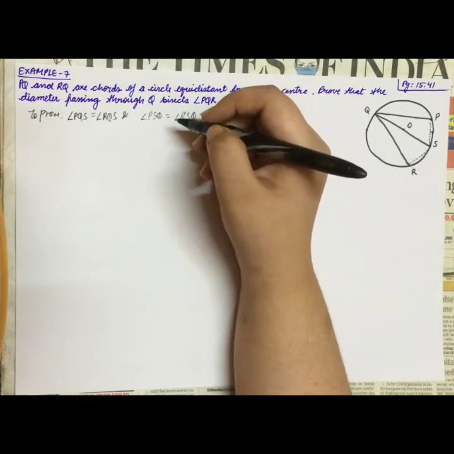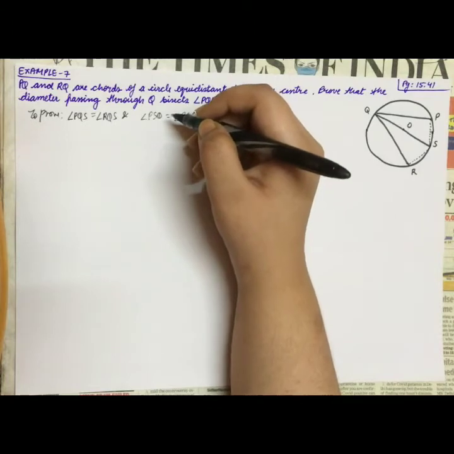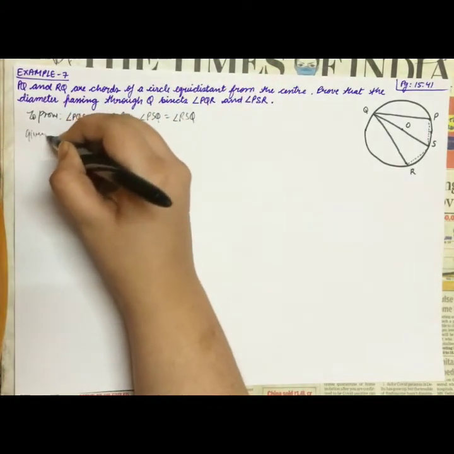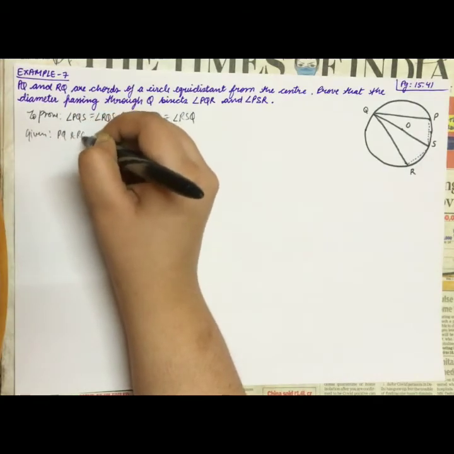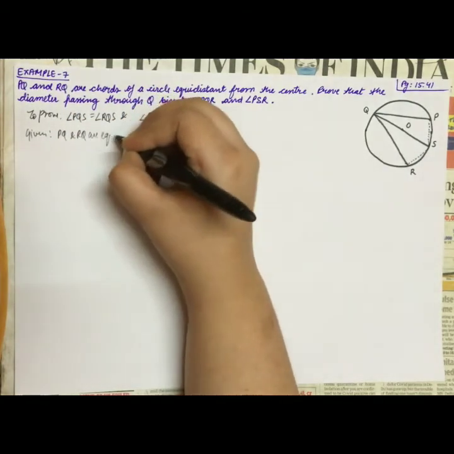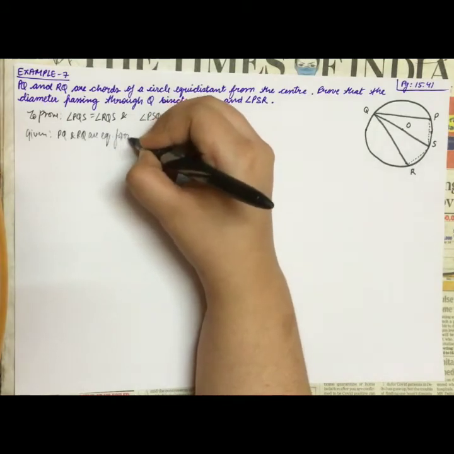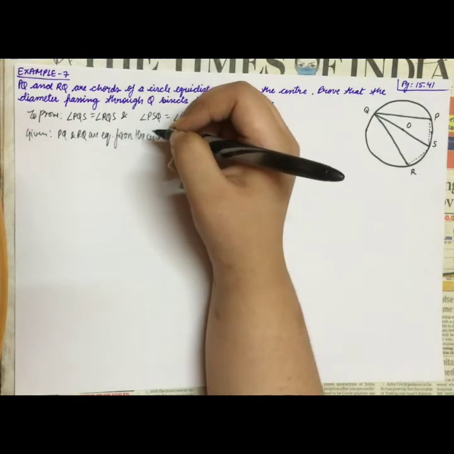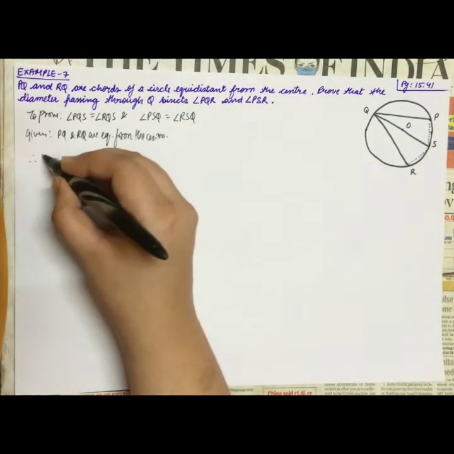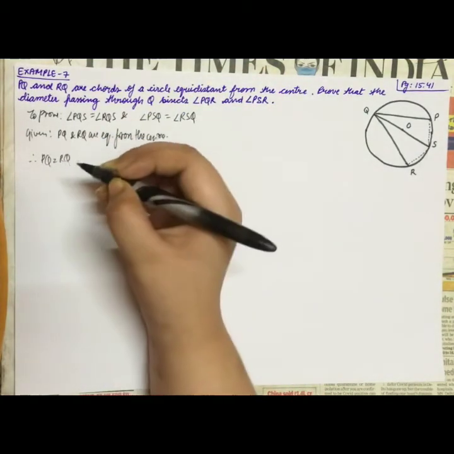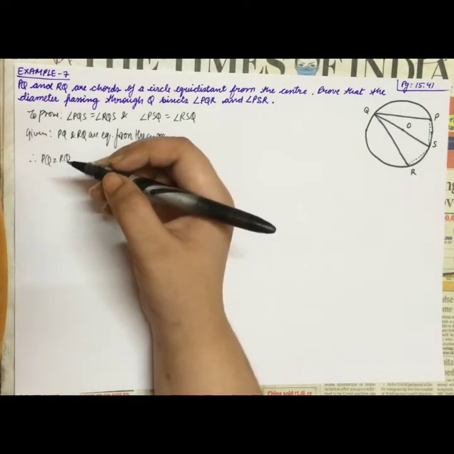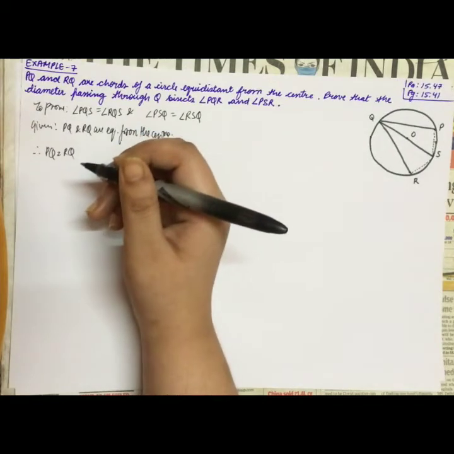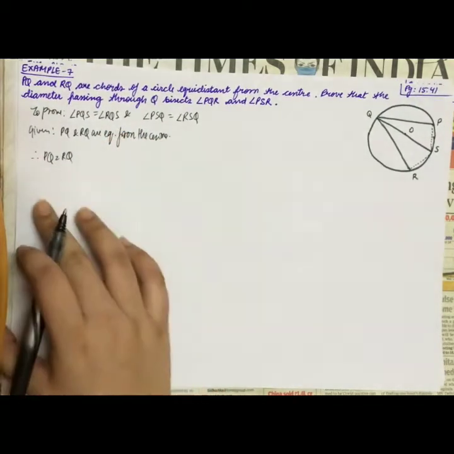Now it is given that chords PQ and RQ are equidistant from the center. So therefore we can say that PQ is equal to RQ. Why? Because chords equidistant from the center are equal in length.